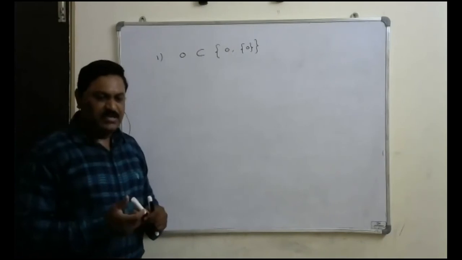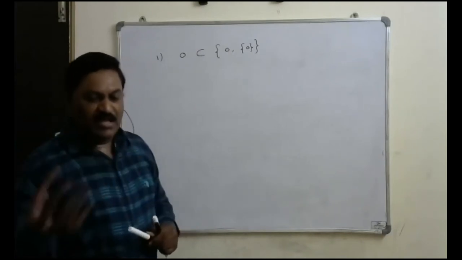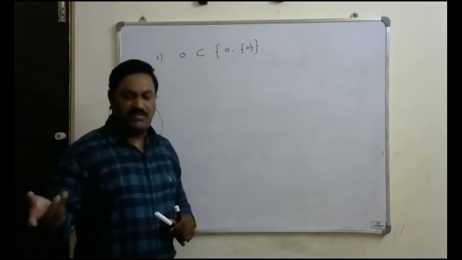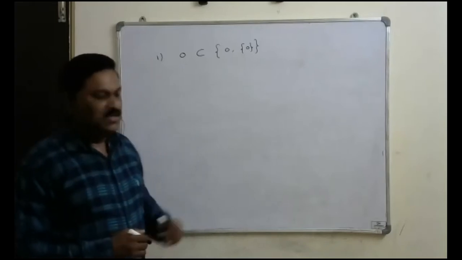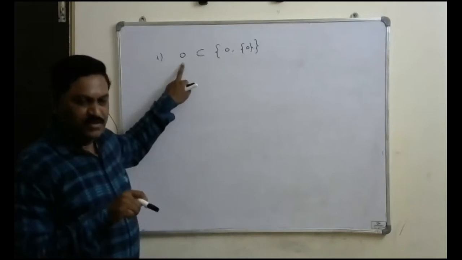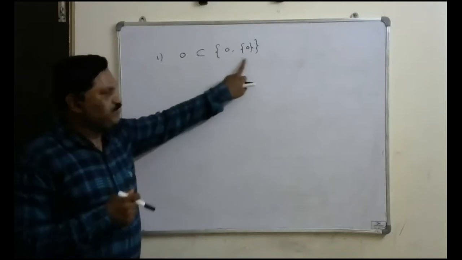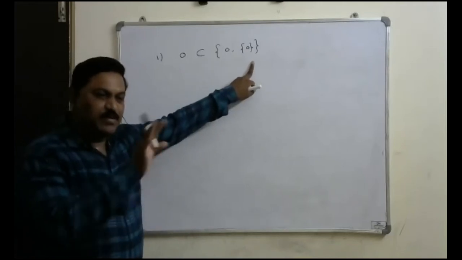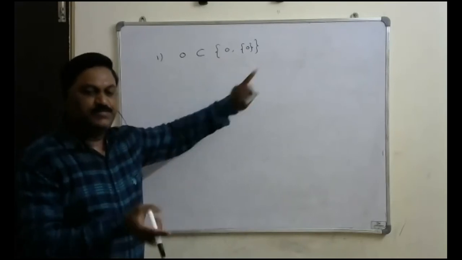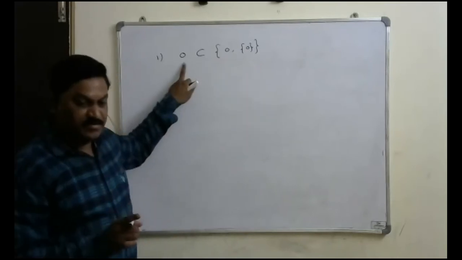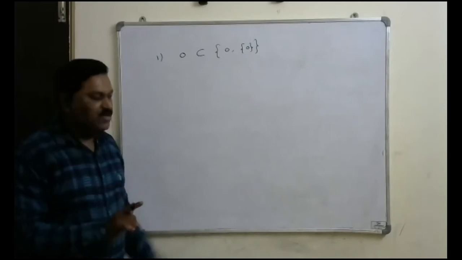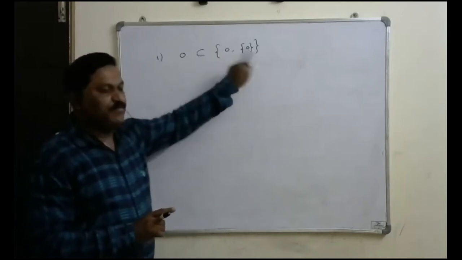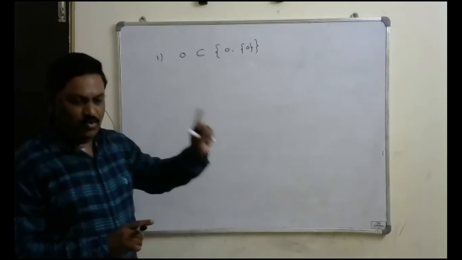But they have given that 0 is a subset of this. Actually, a subset means one set will be a subset of another set, but not one element. Here 0 is an element, and this is a set. So elements we can't call a subset of the other. Only a set is a subset of another, and 0 is not a set, 0 is one of the elements of this. That's why this is not true.